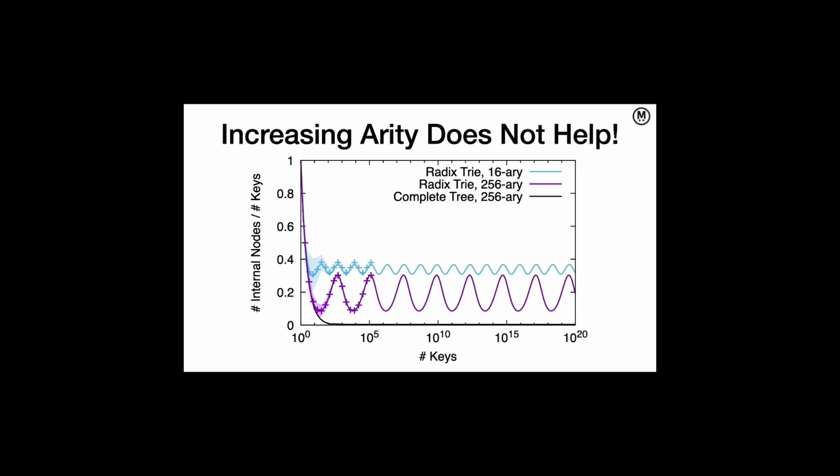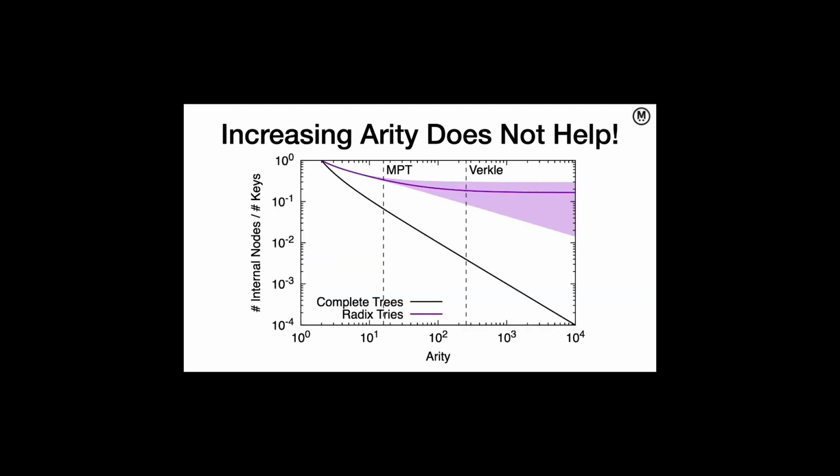Even if increasing the arity from 16 to 256 helped a little bit, they are both still much, much worse than the complete tree, which is the ideal case. And yeah, we saw that increasing from 16 to 256 helped by a little bit, but it actually plateaus in the sense that even if you keep increasing the arity, at some point there is no improvement to space efficiency. And this picture shows it.